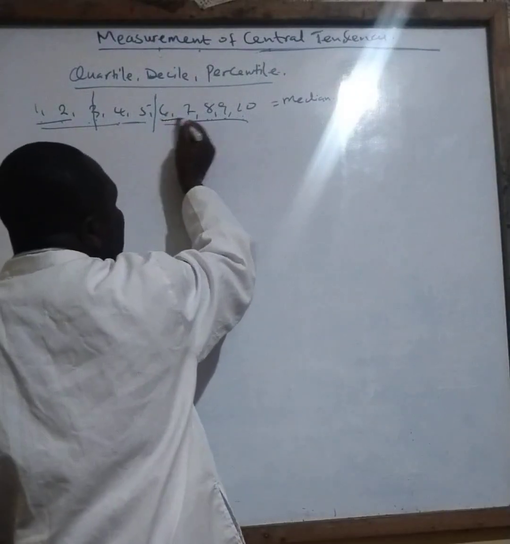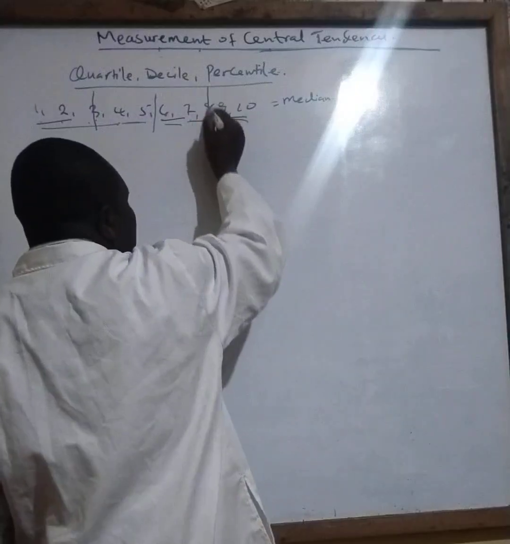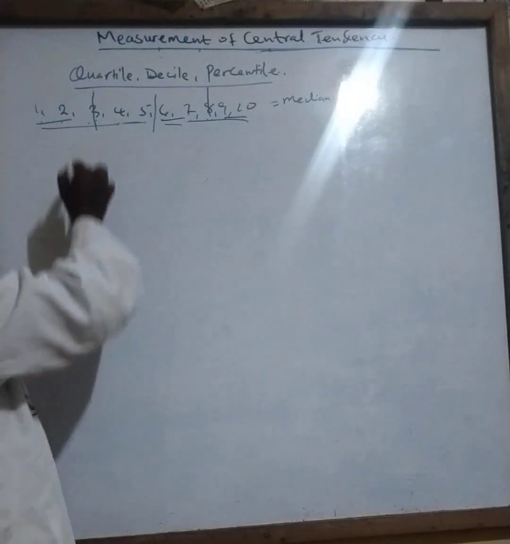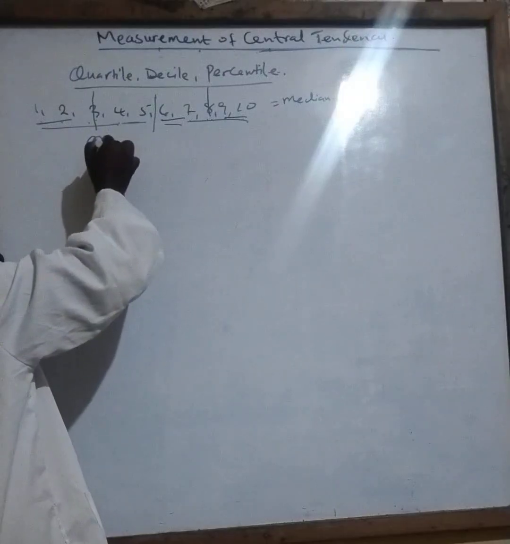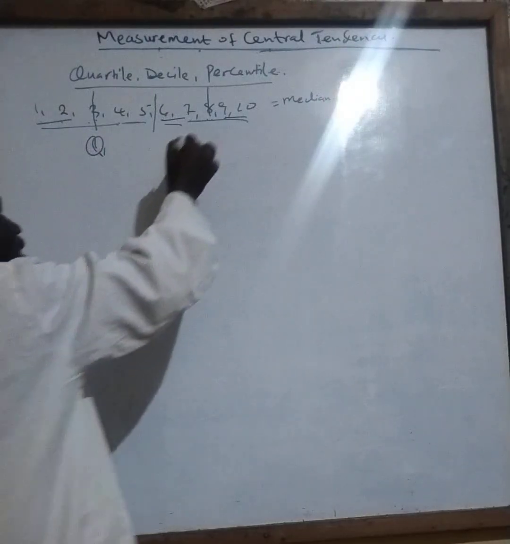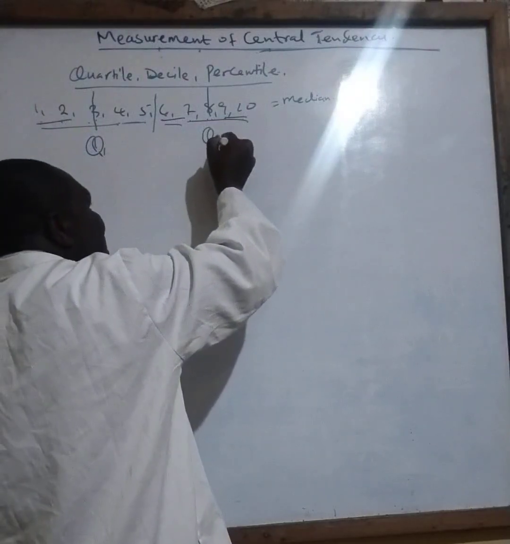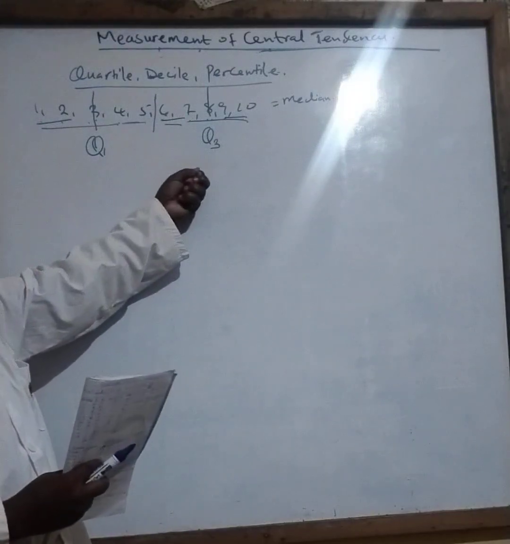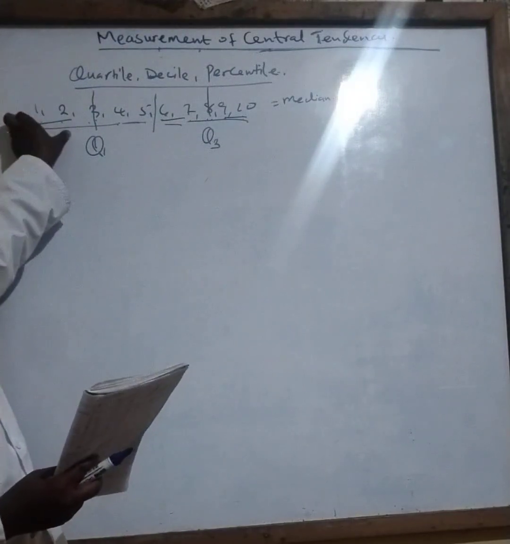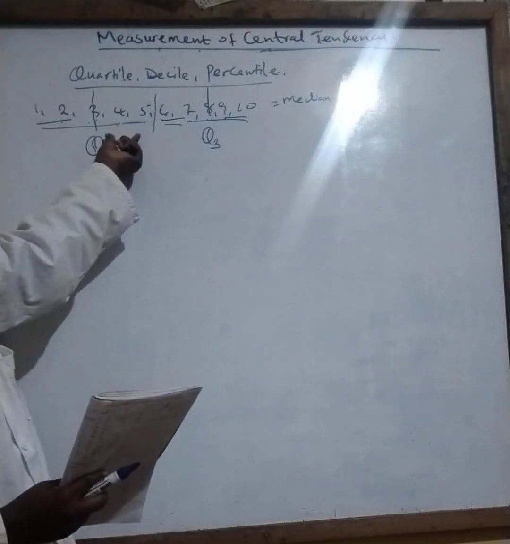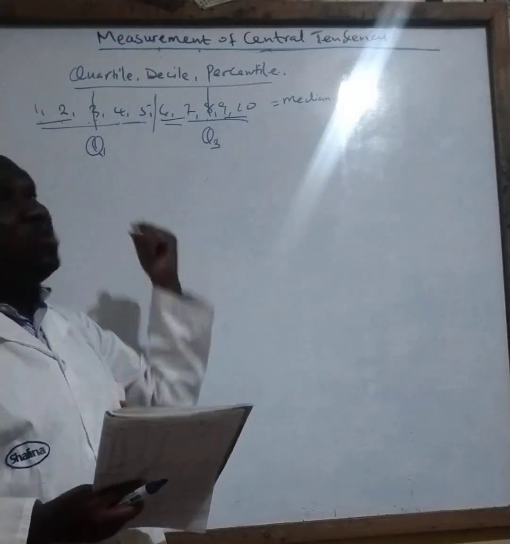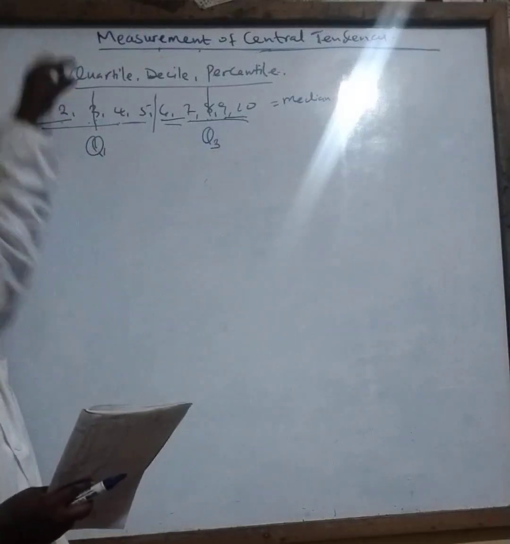I'll have these 2 and these 2, so I will have my 9 there. Therefore, we have this figure here. This one is called quartile 1, and this one here is called quartile 3. It means that the data has been divided into 4. Why? Because we have 1, 2, 3, and 4. And this is what they call the quartile.